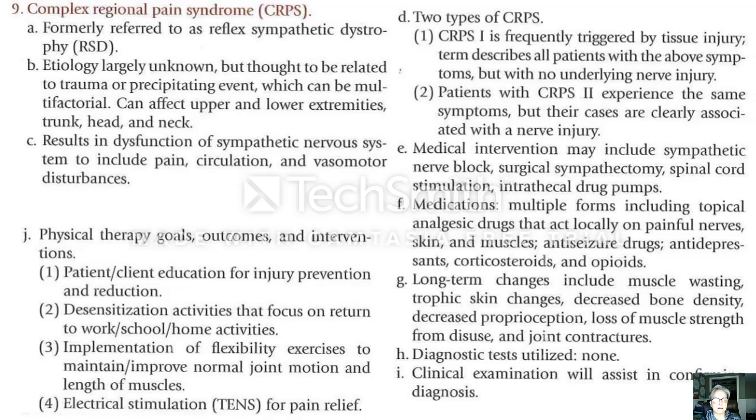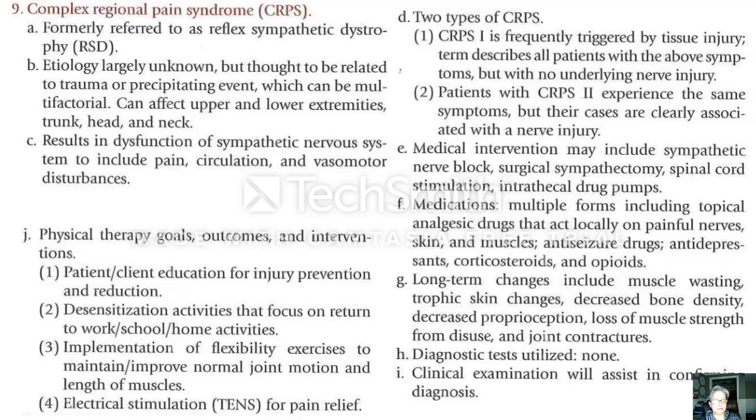Physical therapy outcomes and interventions include patient-client education for injury prevention and reduction. Desensitization activities that focus on return to work, home, school, and activities. Flexibility exercises.